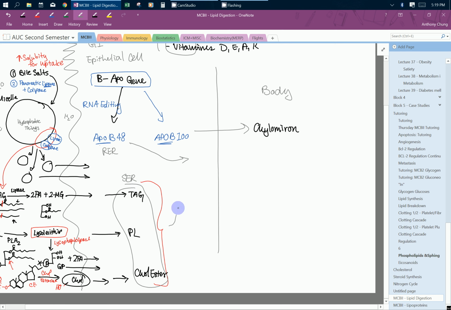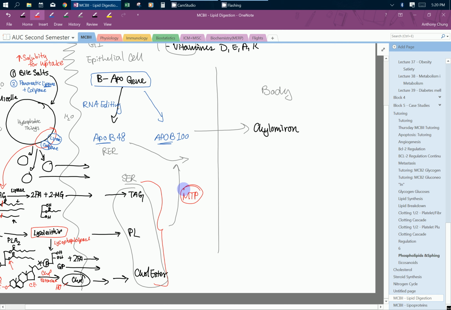This is mediated by the microsomal transfer protein. So this is pretty much essential in making the chylomicrons. Otherwise, you'd just be making those apoproteins, and then nothing is coming in. So basically, you won't have a chylomicron being made.